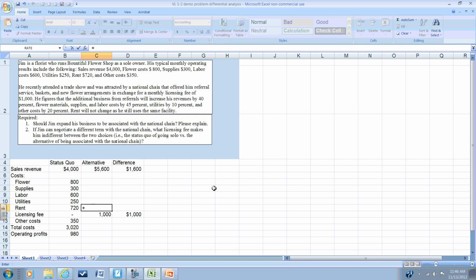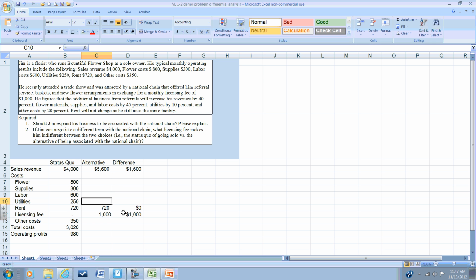So his alternative rent cost and his status quo are zero. So we can say that rent does not vary based on activity, or we can say it's fixed. And we'll be talking more about fixed costs in our subsequent video.